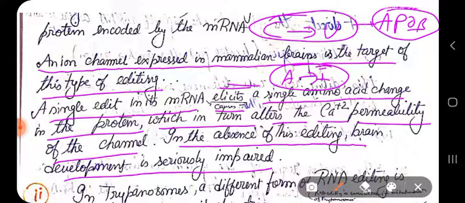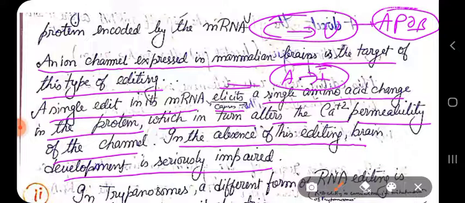Now the gene responsible for that ion channel formation has a change of adenine into inosine at a certain site, which causes a change in the function of that ion channel. It alters the calcium permeability of the channel. That means this channel is specific for the entering of certain ions; here the calcium permeability alters if there is a slight change in the gene responsible for the channel formation.